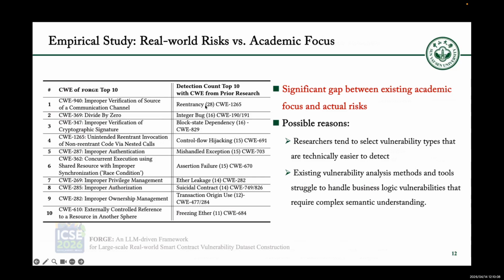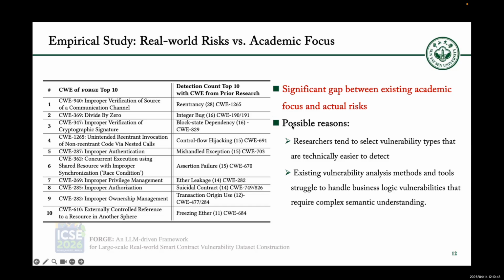With our 37 top conference papers as our baseline, we found that researchers heavily studied reentrancy and integer bugs as the main focused vulnerabilities. But vulnerabilities with higher real-world severity, like communication channel verification issues and cryptographic signature problems, receive much less attention.